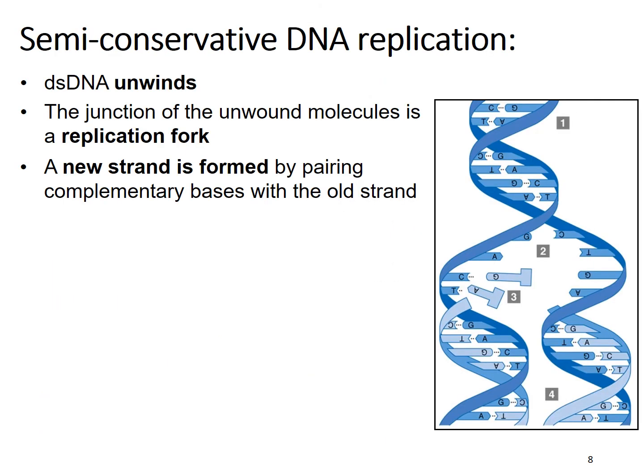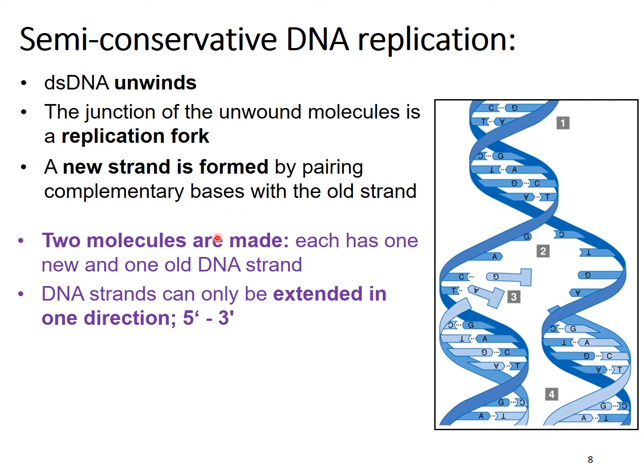Okay, showing here is an overview of the DNA replication process. First of all, the double strand will unwind, and this structure is known as a replication fork because it looks like a two-pronged fork. Then a new strand is formed by the addition of complementary bases such as A to T and C to G, and as a result, two molecules are made, and each one has one new strand and one old DNA strand.